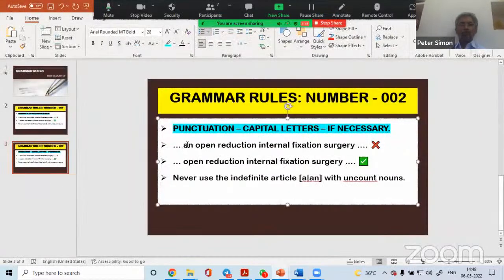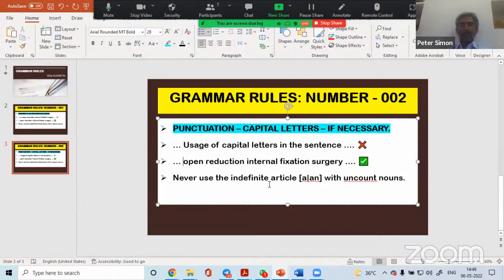Usage of capital letters in the sentence is wrong. So never use capital letters in the middle of the sentence. In the beginning of the sentence, it is a must; in the middle, no. Only the first letter should be a capital letter.